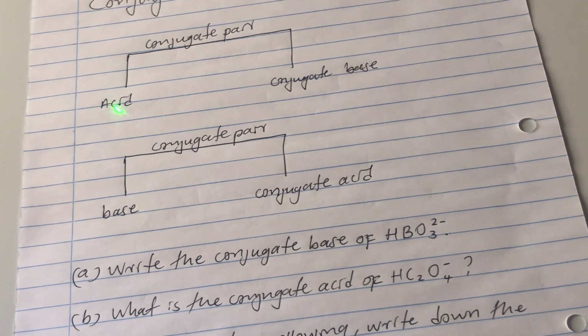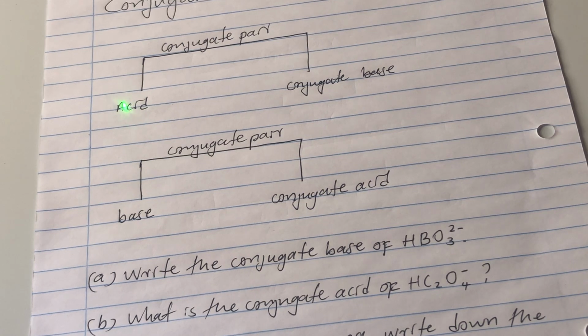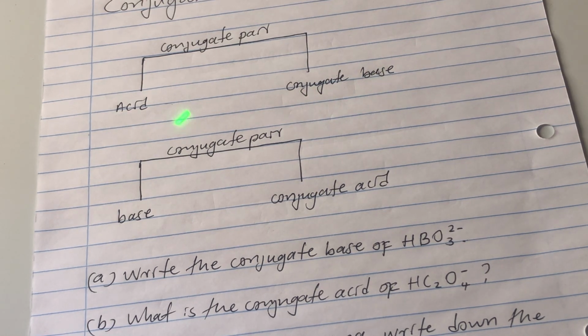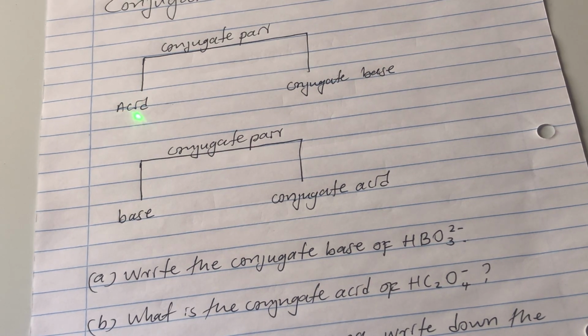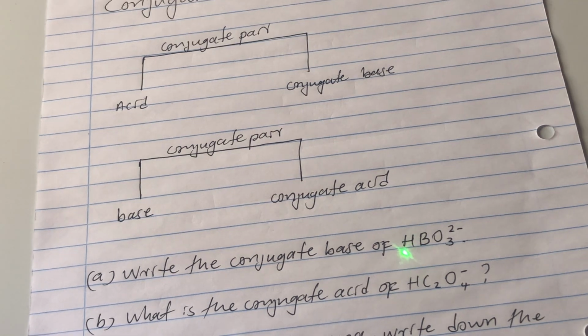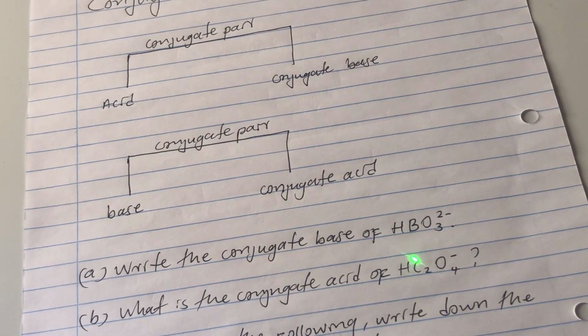HBO3 2 minus is an acid. So if it is an acid, for it to become a conjugate base, it must give away the proton. HBO3 2 minus must give away the proton, which is H plus. When HBO3 2 minus gives away the proton, it will become, let me write it here.